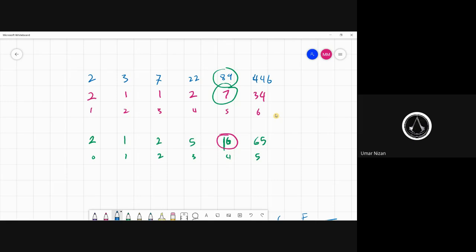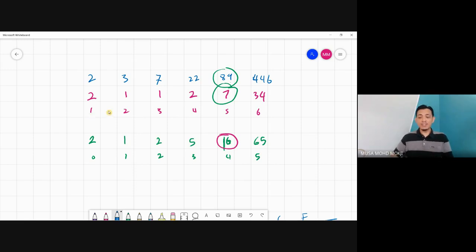Wait, sorry, Doctor. Isn't the index starting from 0? Yes, of course. That's a good question. In this engineering world, and coding, when you do programming, some people start with 0, some people start with 1. MATLAB starts with 1.